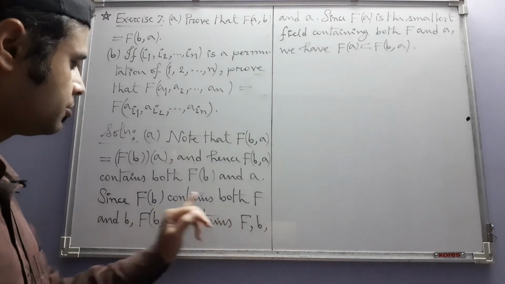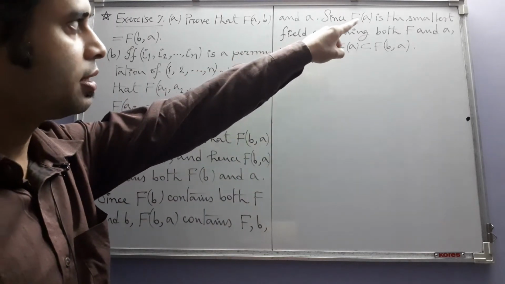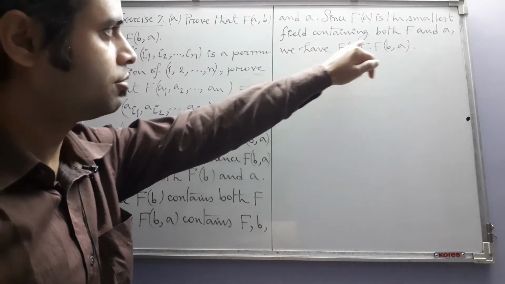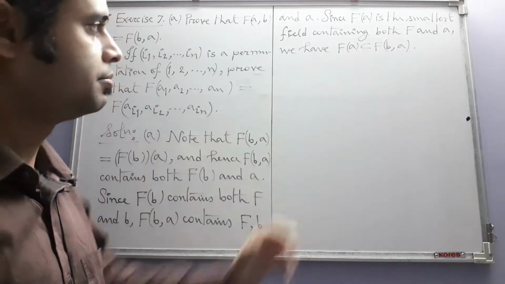It contains both F and A, and F(A) is the smallest field containing both F and A, so it should be contained in this other field.